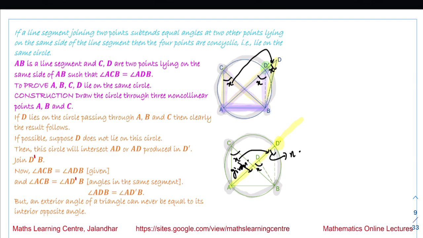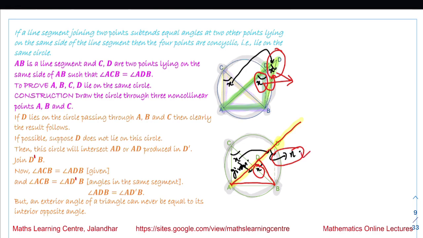So what we get from this is, if we look at the triangles ADB and AD dash B, then this angle x is the exterior angle to this angle D, and we know that the exterior angle of a triangle cannot be equal to the interior opposite angle. Similarly, ADB is a triangle. We have extended this side. This is the exterior angle, this is the interior angle.